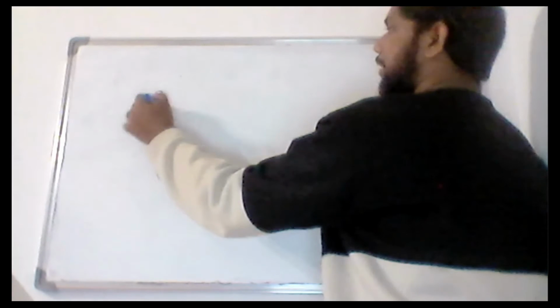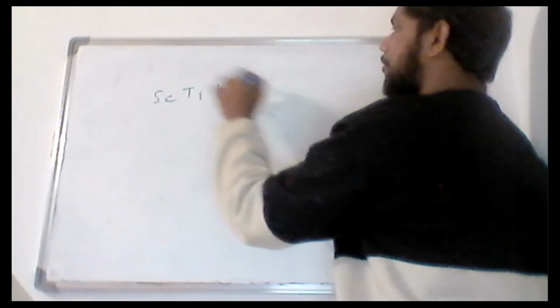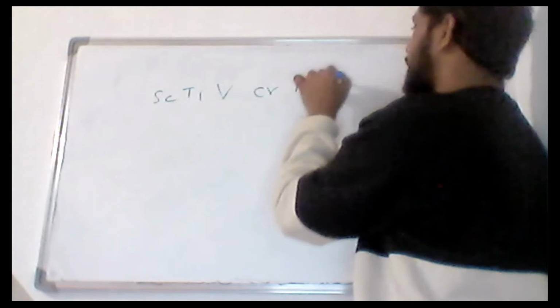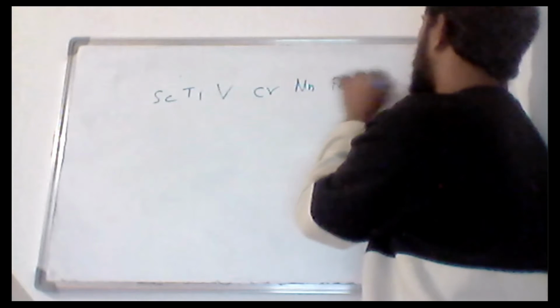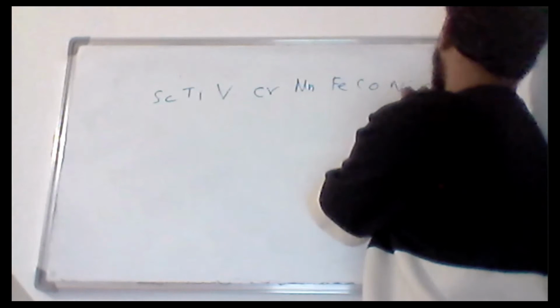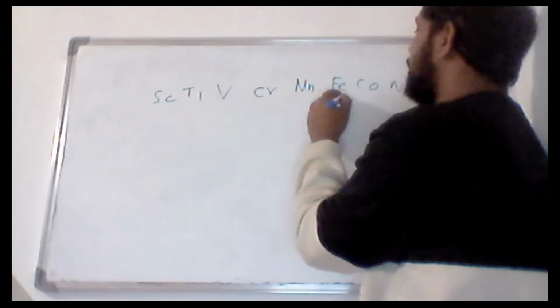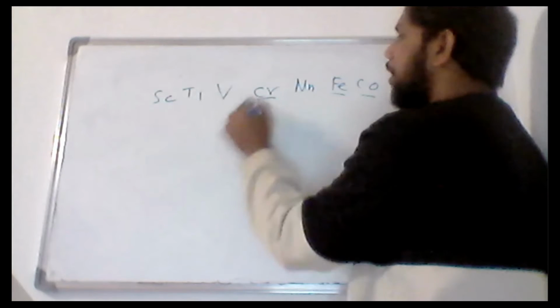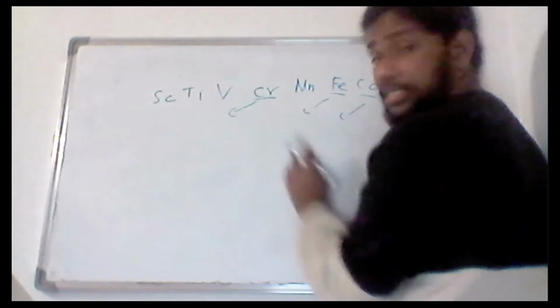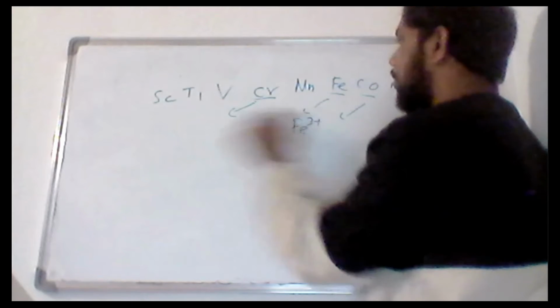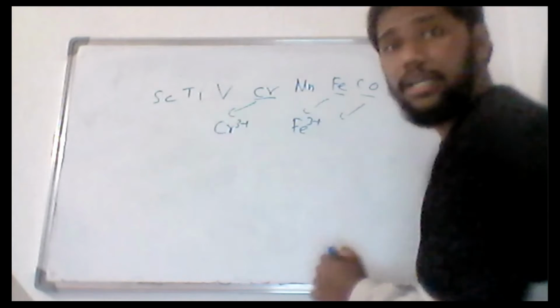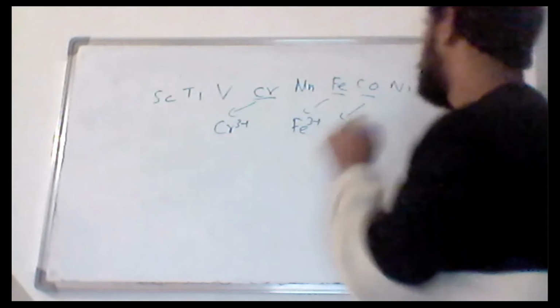Okay, so we have scandium, titanium, vanadium, chromium, manganese, iron, cobalt, nickel, copper, zinc. We are interested in cobalt and chromium. So they ask about iron 3+, chromium 3+, and cobalt 2+.